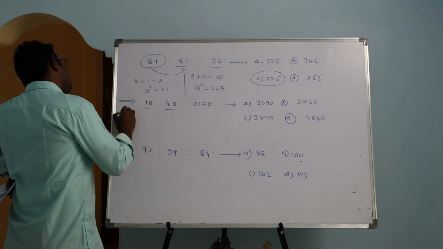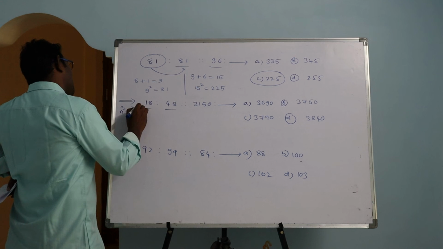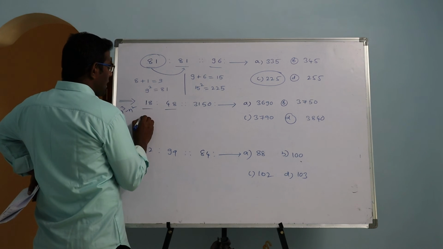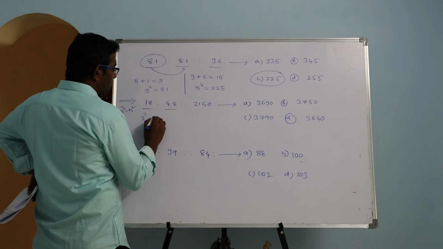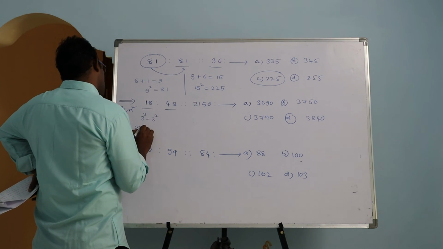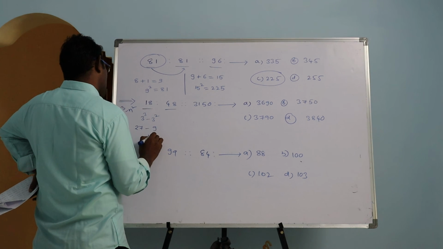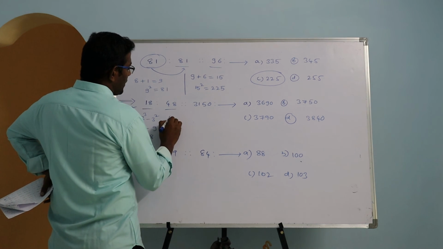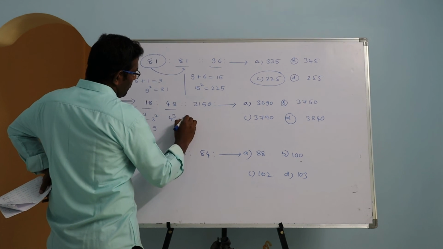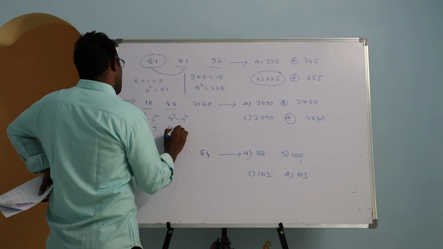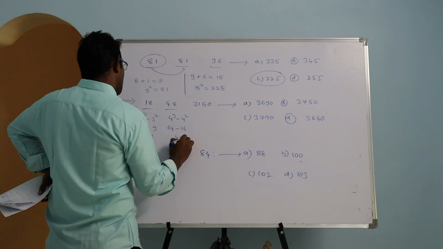It is in the form of n cube minus n square. 18 can be written as 3 cube minus 3 square. 3 cube means 27 minus 9, how much? 18. 48 can be written as 4 cube minus 4 square. 64 minus 16, how much?